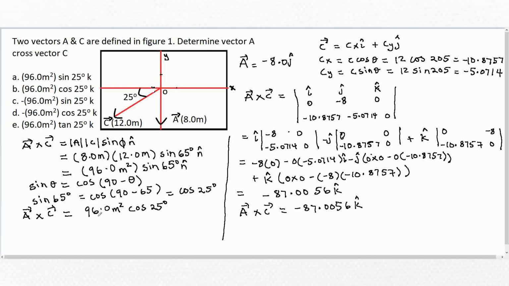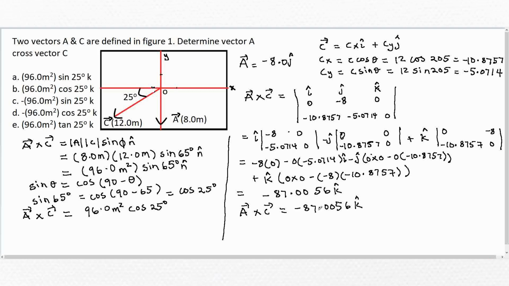When we multiply 96.0 meters squared by cos 25, we get 87.0056. Notice that the magnitude of the vector can never be negative.